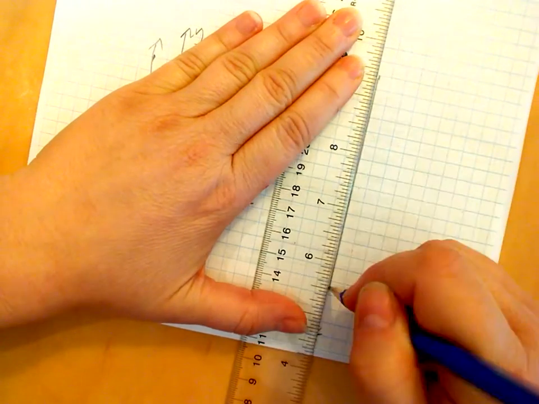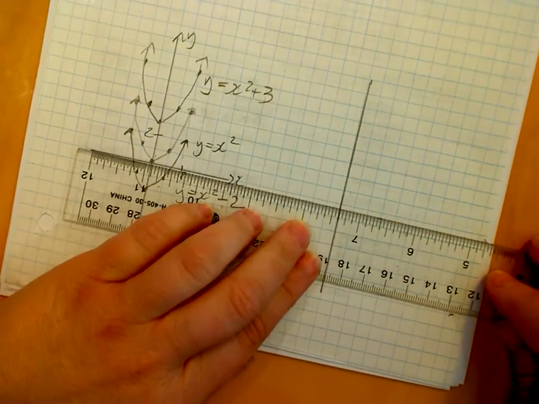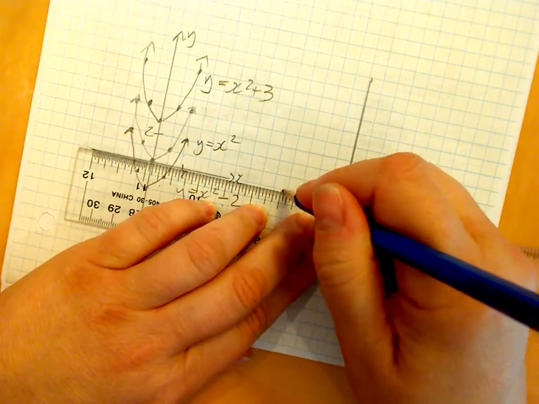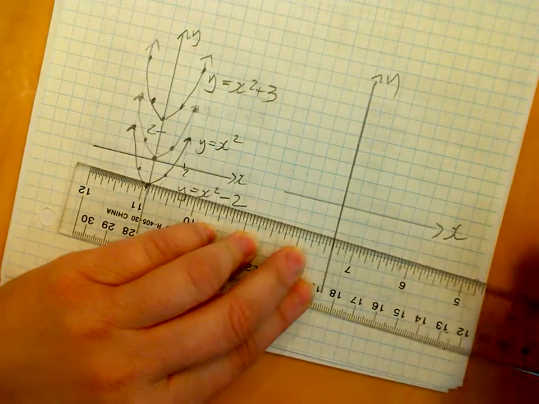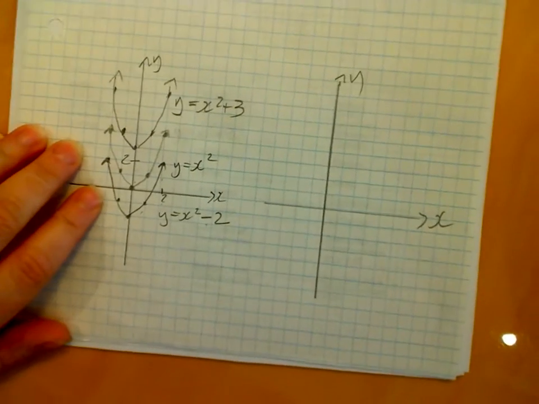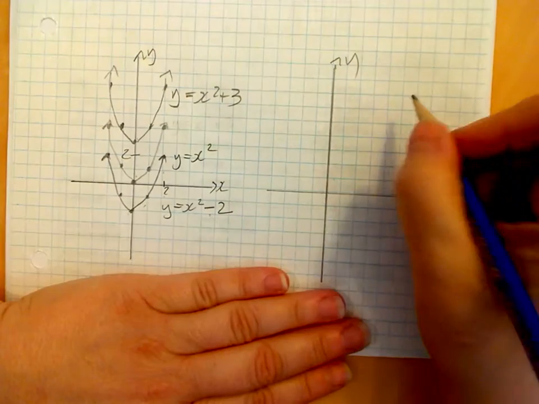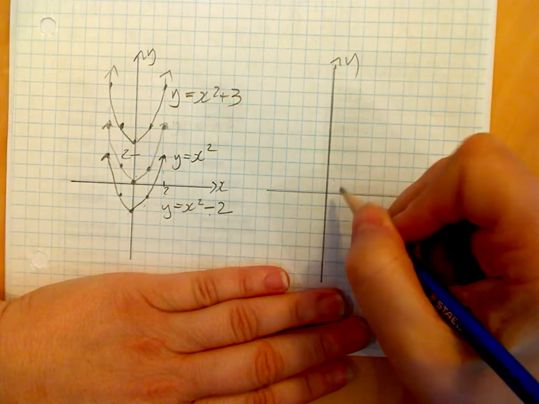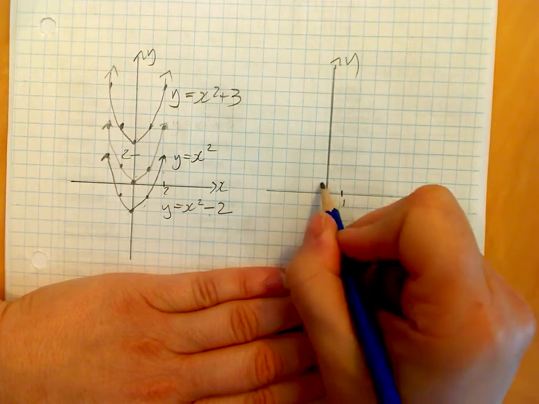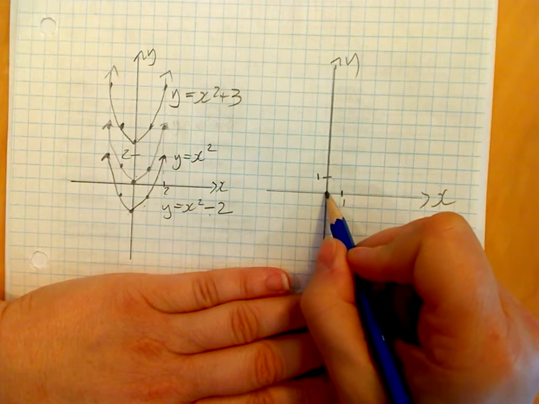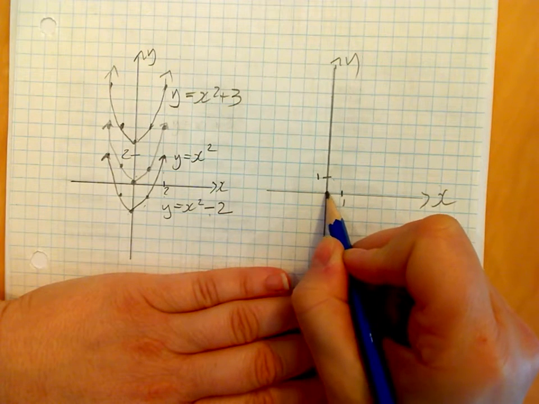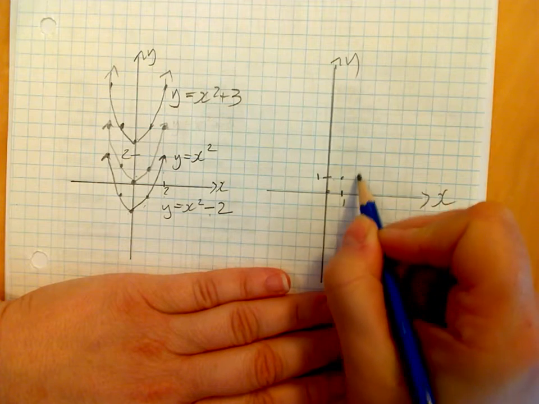You should be able to now just do this. Let's say they ask you to graph y equals x squared plus 5. So that's a 1 and that's a 1, just to have some scaling. So you know that the main parabola, you have to remember the main parabola, y equals x squared, these points are here.